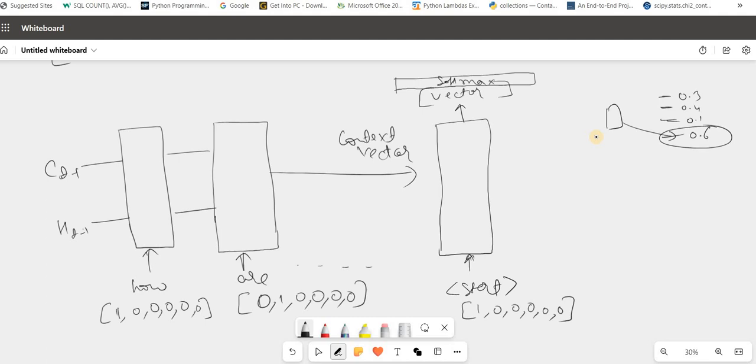So let's suppose we give the input vector of start and it produces one vector, and that vector has some values 0.2, 0.6, 0.3, 0.4. So it will tell that the word at position 1 is what softmax will produce, because it has the maximum. What is the second word? How? R. So it will produce R here.